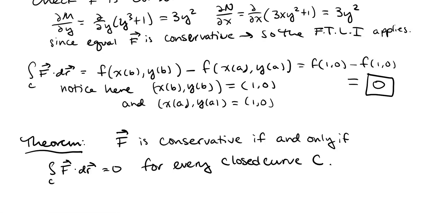So if you can confirm that a function is conservative and you're trying to evaluate a line integral on a closed curve, then you're going to be able to immediately conclude that that line integral is 0. And the reasoning is directly from that example that we just finished up above.